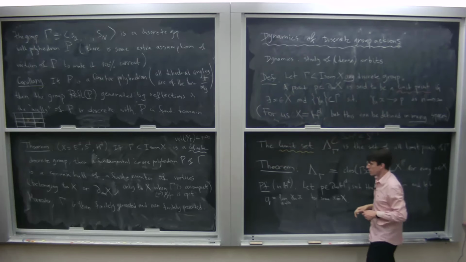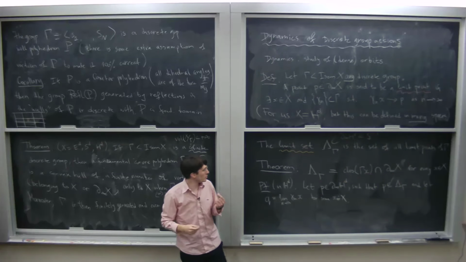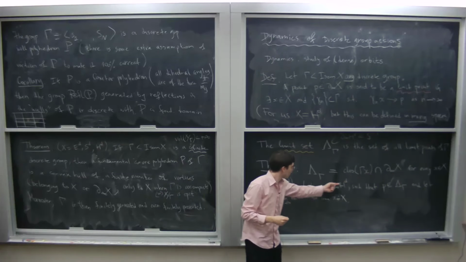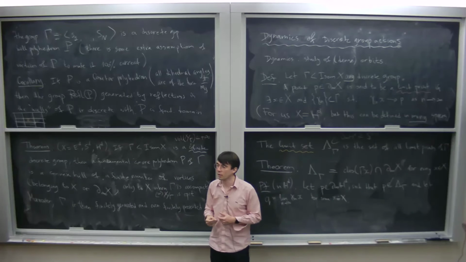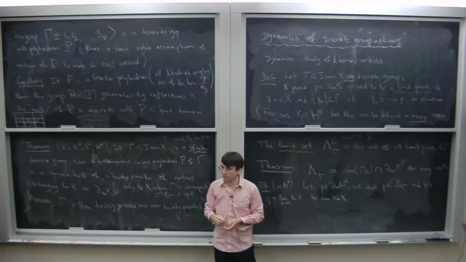So the point is that you can just choose one convenient point, and take the orbit closure at infinity, and this will give you the lambda gamma.